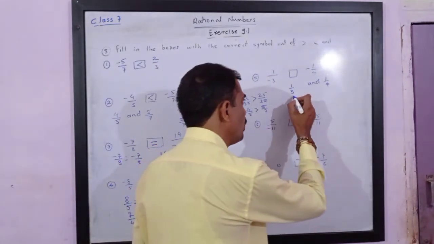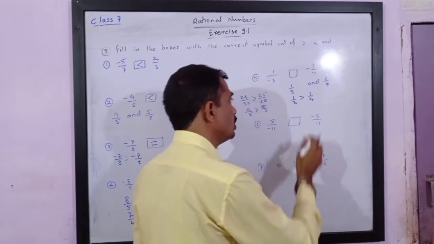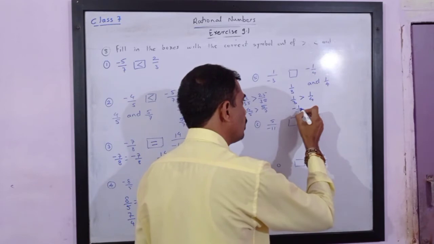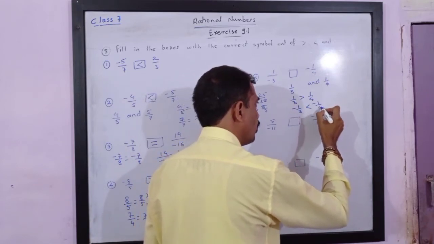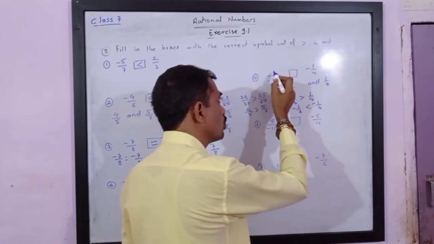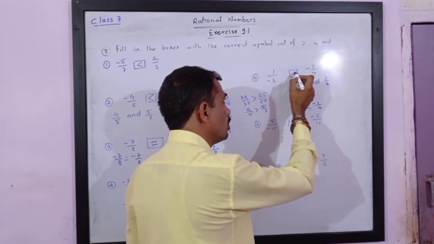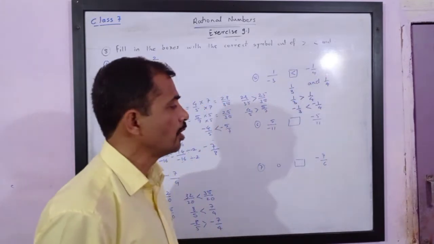It means 1 upon 3 is bigger than 1 upon 4. Now, if you want to compare negatives, it means negative 1 upon 3, we have to reverse the sign, 1 upon 4. So, please note this 1 upon negative 3 is equal to negative 1 upon 3. Hence, 1 upon negative 3 is smaller than minus 1 upon 4.